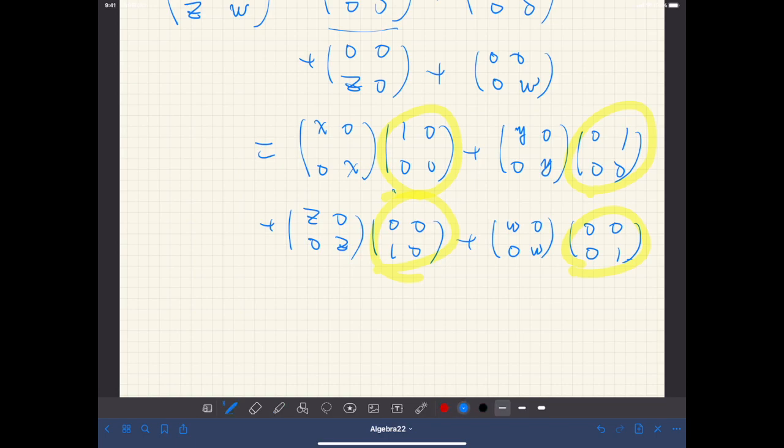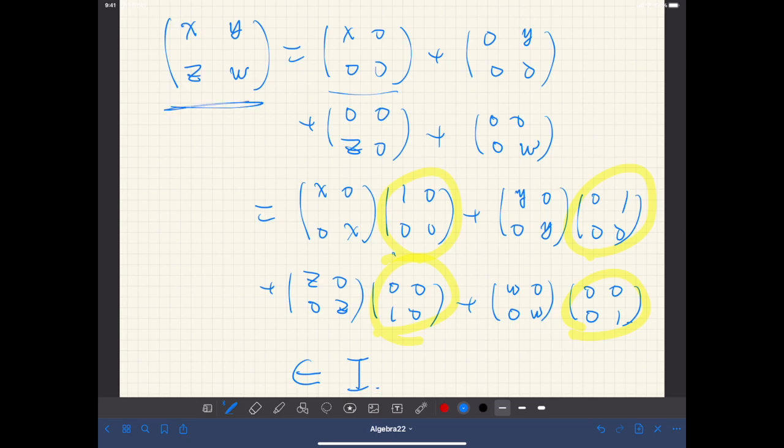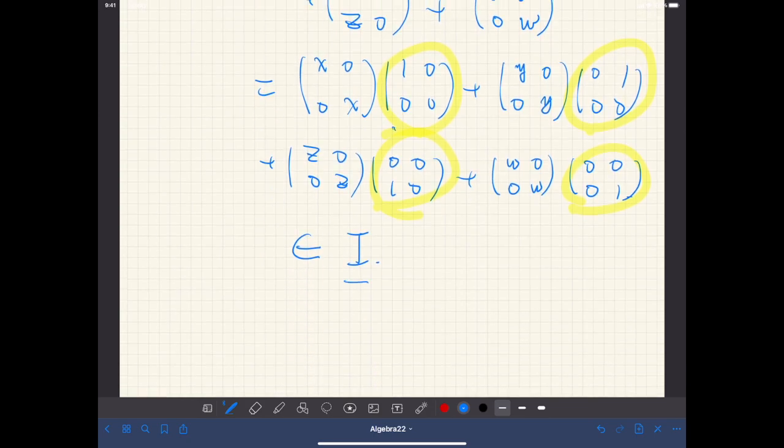Therefore, this belongs to the ideal I. In other words, any 2 by 2 matrix is an element of I. So this ideal is actually the same as the set of 2 by 2 matrices over Q. Therefore, this ideal is not a proper ideal.